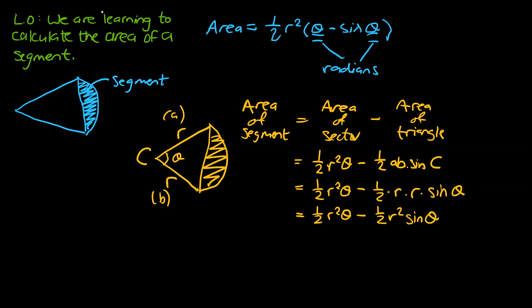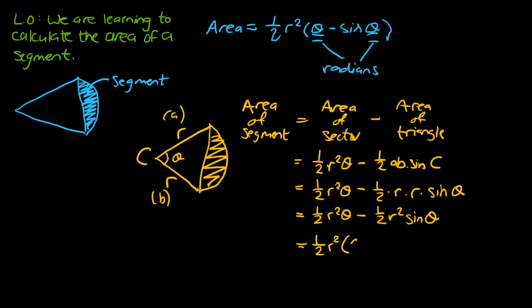And then if you compare this step with the formula, we've got 1/2 of r squared. We've got that come up a couple times. We've got the delta, which is in the brackets, and we've got the sine delta sitting there. So there's the delta and there's the sine delta. So the only real step we need to do here is just factorize. So both of them have 1/2 of r squared in common.